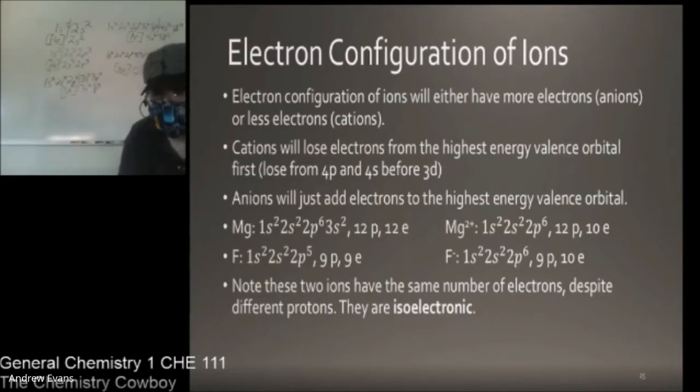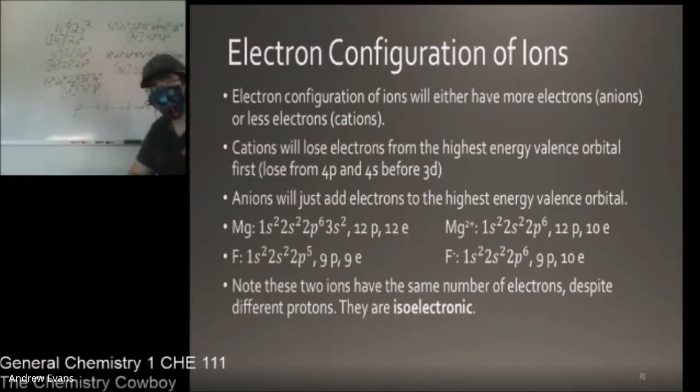In all technicality, what that means is we're going to remove from the P, then the S, then the D, before we even touch the F. So if we have electrons in the p orbital, we attack the p first. Then if we have any electrons in the s, we remove from the s. And then we touch the d.